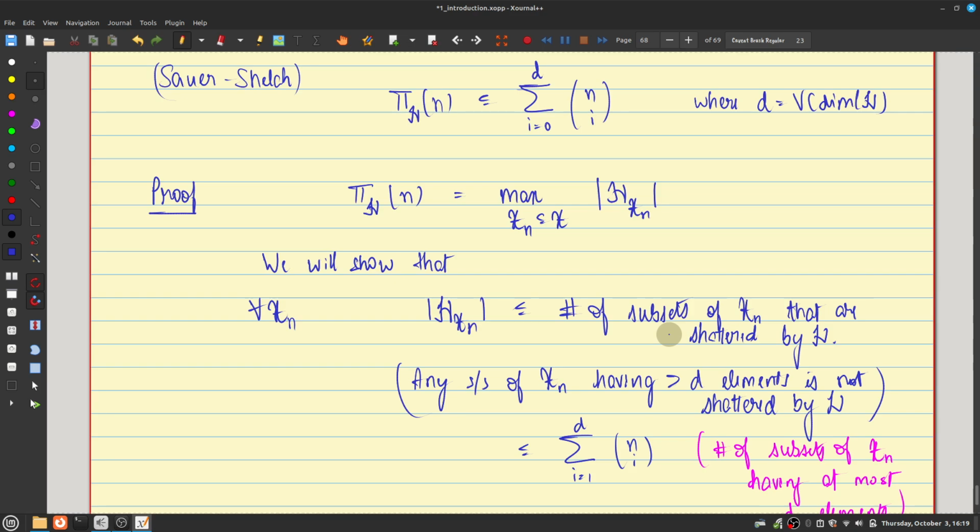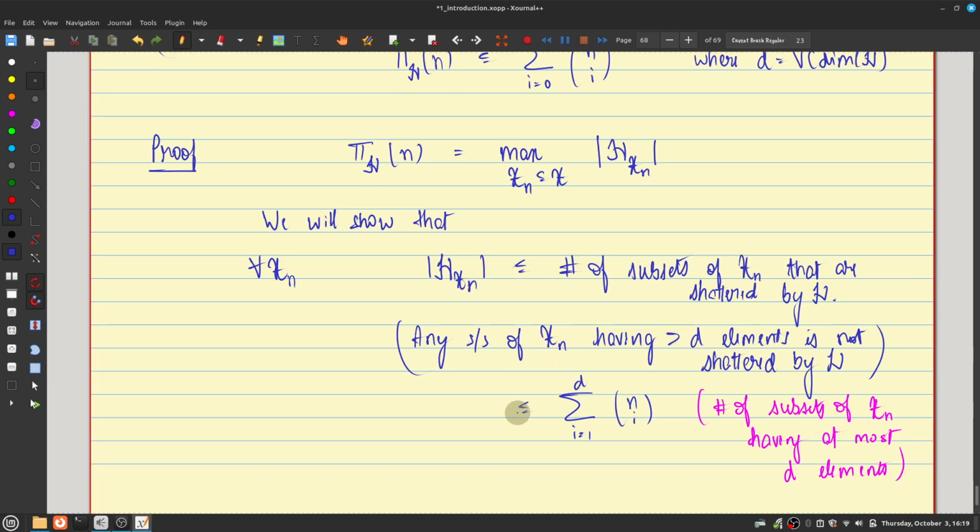Okay. Which one? You mean to say this inequality? Yeah. Okay, great. So I want to count the number of subsets of Xn which are shattered by H. So every subset of size greater than D cannot be shattered by H, right? A subset of size less than or equal to D may be shattered by H, may not be shattered by H, correct?